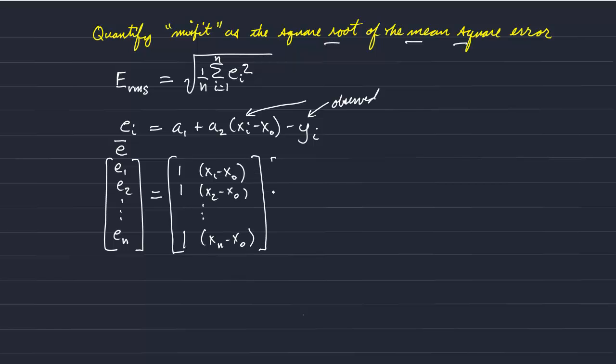And then we have to multiply by our vector of coefficients, which is just 2 rows in this case. We have 2 coefficients for our linear regression. And then we subtract our vector of y measurements.